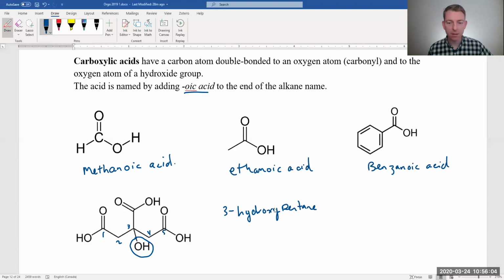And then we've got 3 carboxylic acids, so let's just write 1, 3, 5 tri. And here's an example where we just write carboxylic acid. Just write 3 hydroxy pentane 1,3,5 tricarboxylic acid, or if it's slightly easier to write, just citric acid.